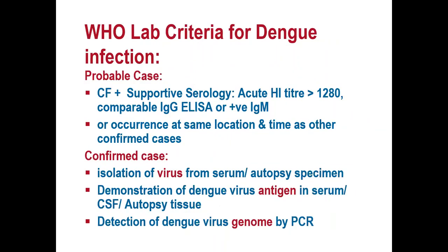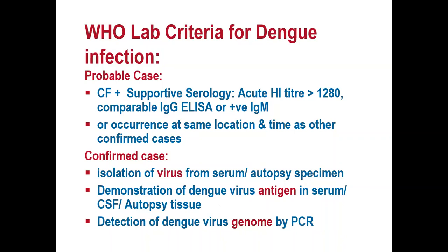The lab criteria for dengue infection, the probable cases and the confirmed cases. In probable cases, circulatory failure with supportive serology, an acute high titer that is more than 1 in 80 comparable IgG ELISA, or a positive IgM.